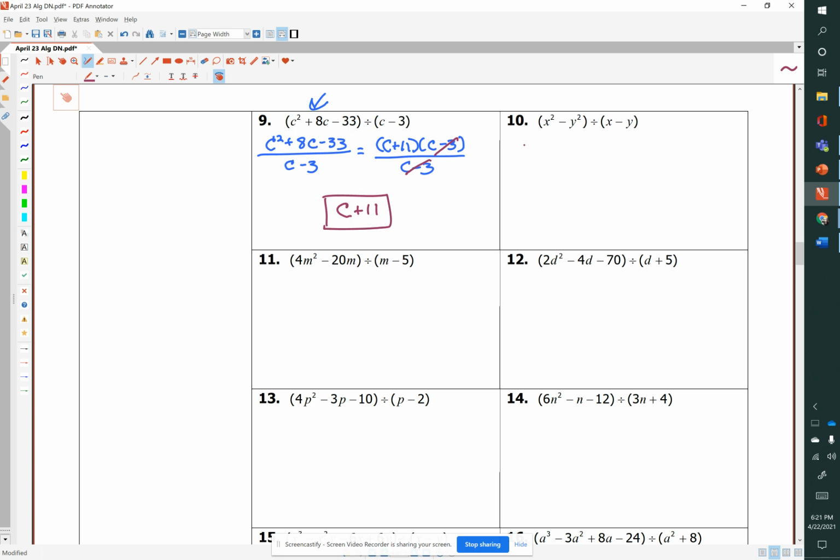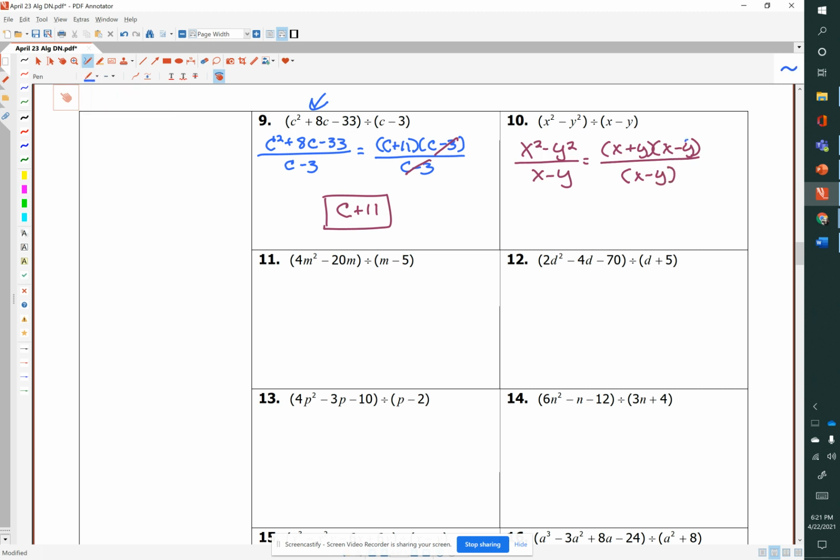In our next example, x squared minus y squared divided by x minus y. And I hope you see the difference of squares there. X plus y, x minus y divided by x minus y.